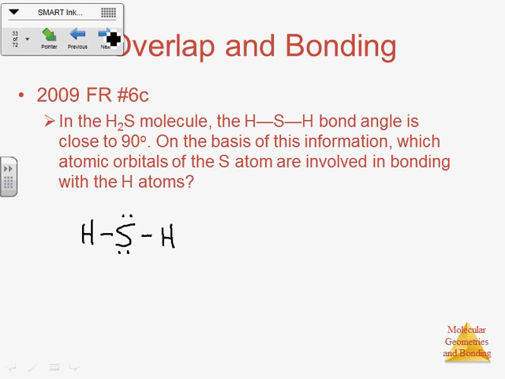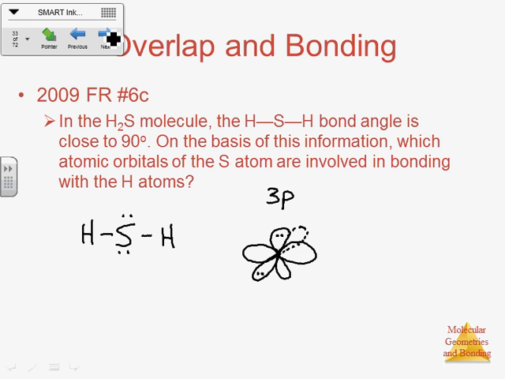Sulfur is very similar to chlorine in that its outer electrons are going to be in the 3p orbitals. If we think about these orbitals here, we've got the px, the py, and the pz. Let's say we've got 2 electrons already in the pz orbital, and we've got 2 electrons in the py orbital.